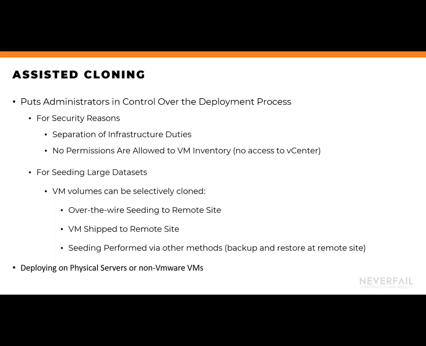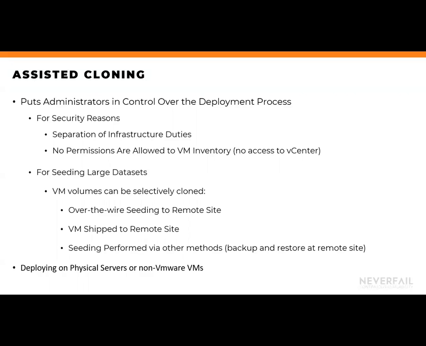The other thing is that you could have a situation where you have very large data sets that need to be seeded. So you need to do the deployment, do an export of the VM instead of actually doing an automated clone, and then you need to ship that to a remote location. Maybe it's Azure or AWS or Google Cloud Platform.